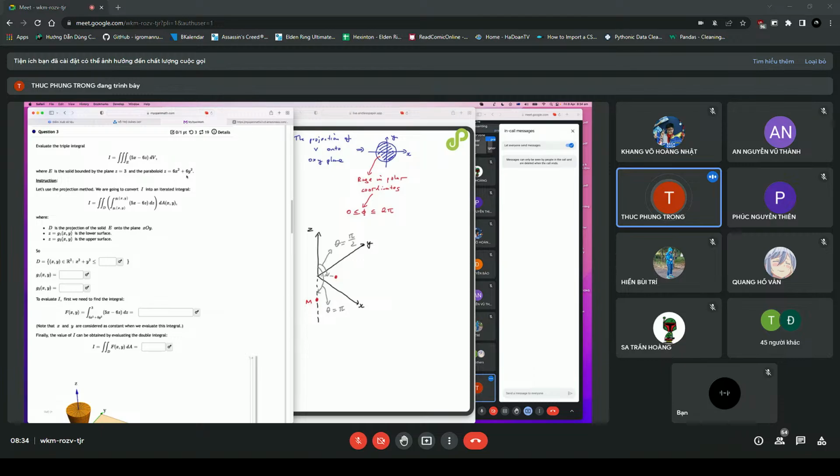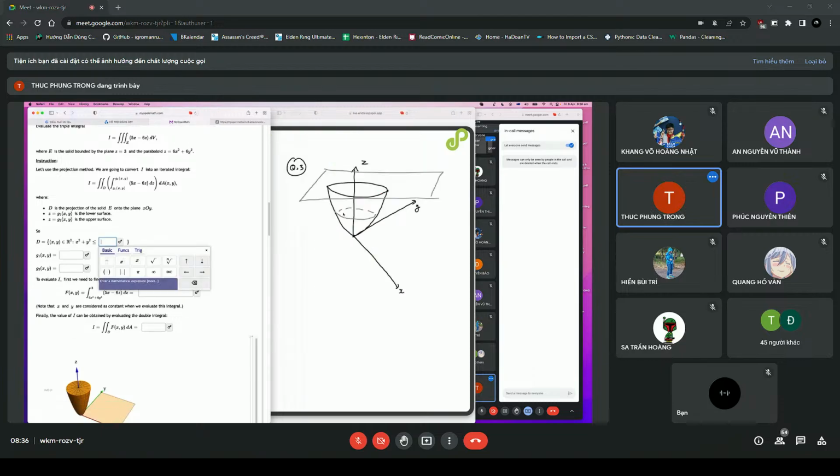We have the paraboloid right here with the equation z equals 6x squared plus 6y squared.